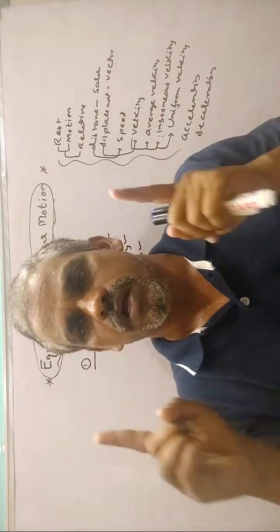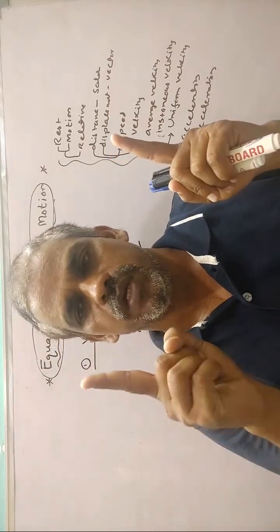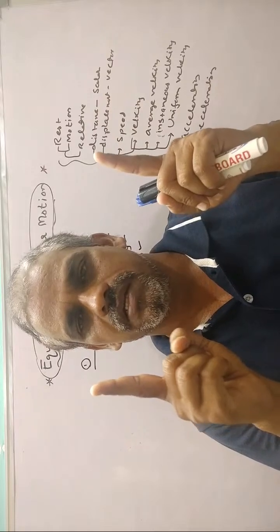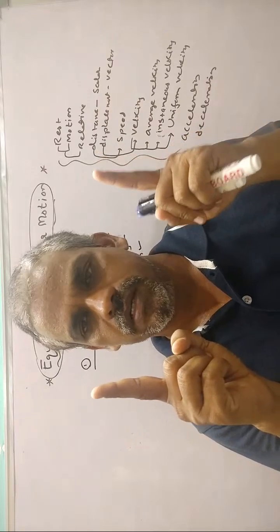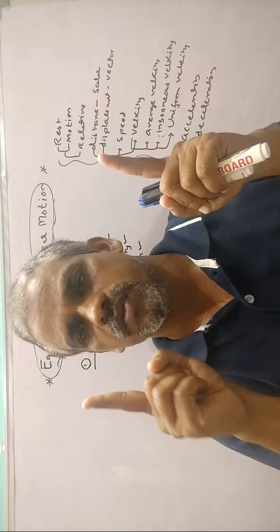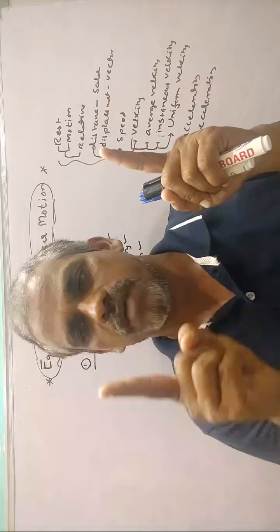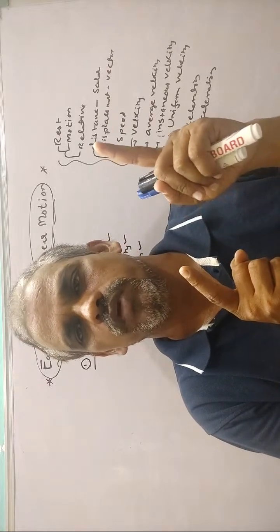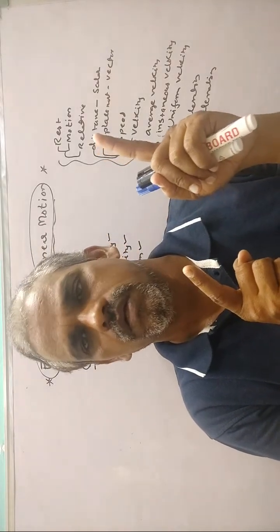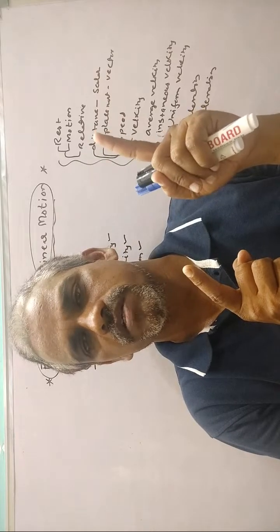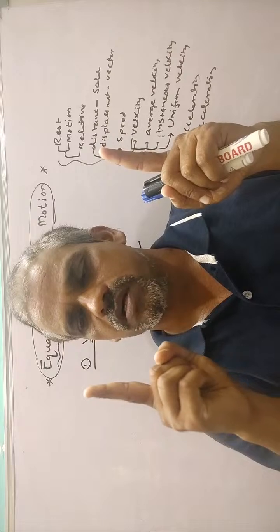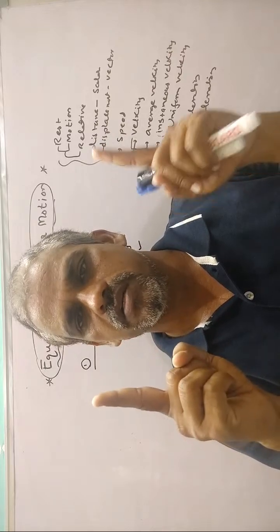Simple. A body starts with initial velocity u. After time t it is traveling and its velocity becomes v, the final velocity. During the motion it starts at point a and ends at point b.